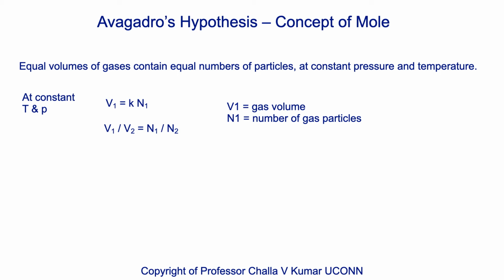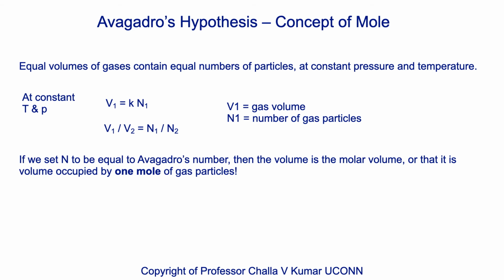That is, if I were to choose a particular amount of gas sample and define the pressure and temperature, then its volume is fixed, and it should have a certain number of particles in it. That number of particles can be defined in a convenient way as equal to a mole number.